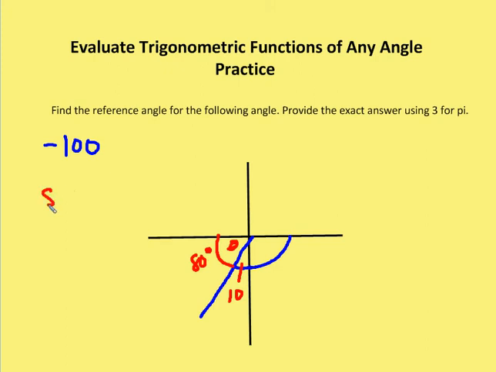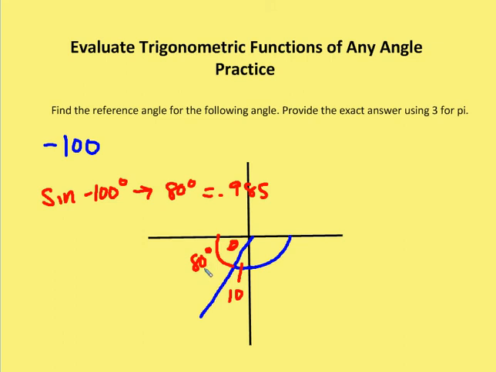If we want to find the sine of negative 100 degrees, the first thing we do is find the reference angle. It's 80 degrees. We find the sine of 80 degrees. In this case, we're going to have to use our calculator. The sine of 80 degrees is equal to 0.985.